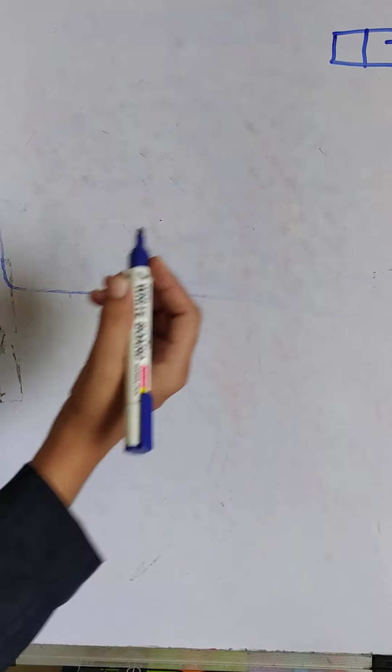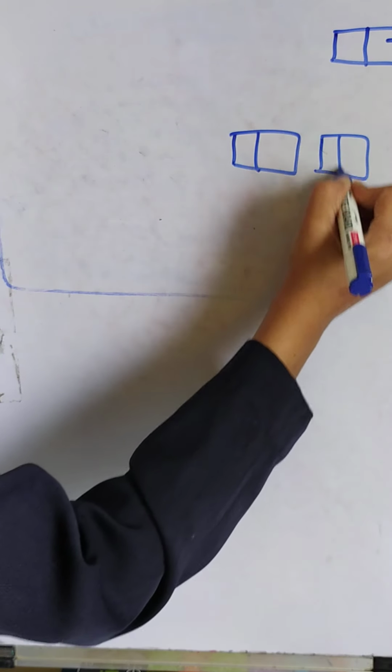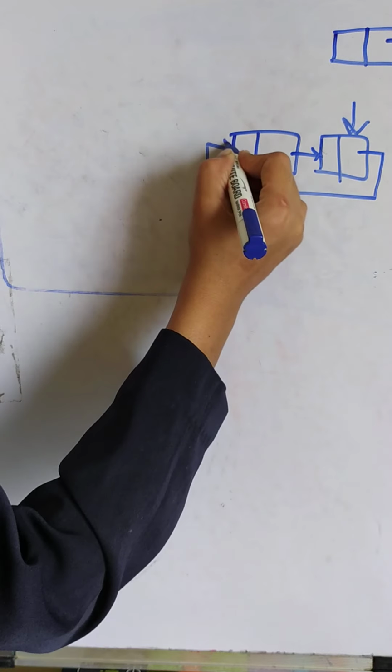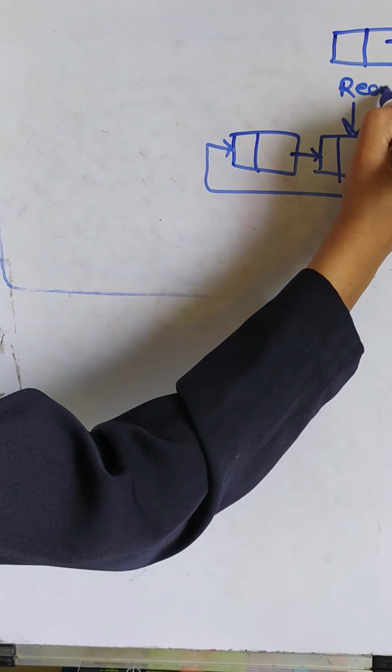When we are representing the singly linked list, we use the pointer name next. Here we are using rear. Rear means, in a singly linked list, suppose this is your linked list, then rear always points to the last node, and this again points to the first one. This is your rear pointer.